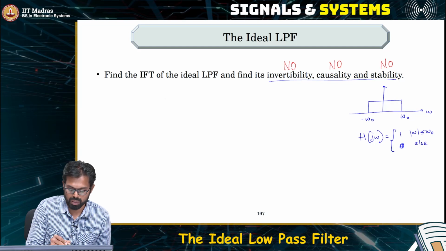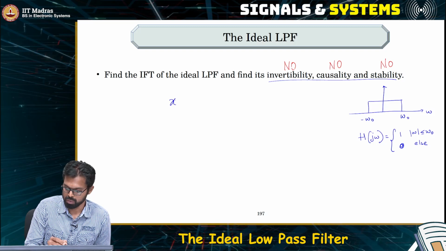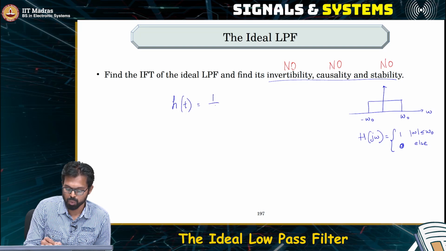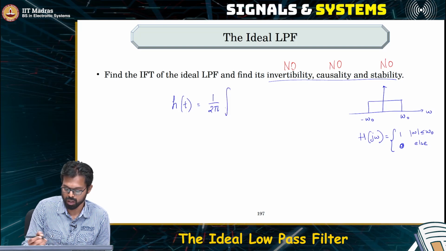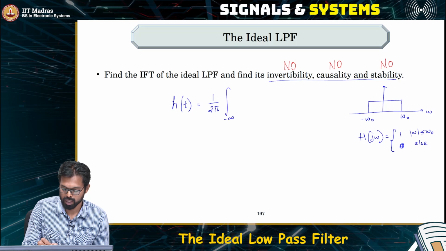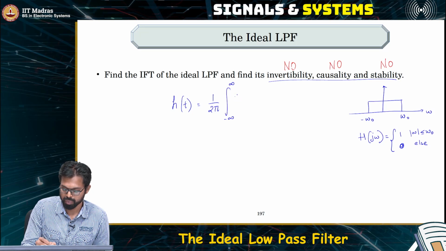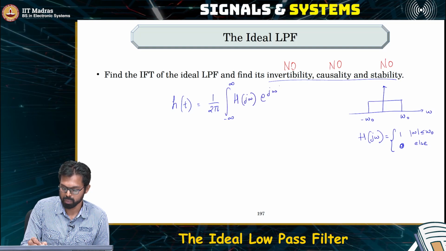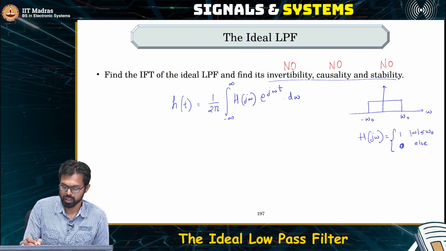So we can see this from the inverse Fourier transform. So what is the inverse Fourier transform? The inverse Fourier transform is h of t equals 1 by 2 pi integral from minus infinity to infinity of H of j omega e power j omega t d omega.